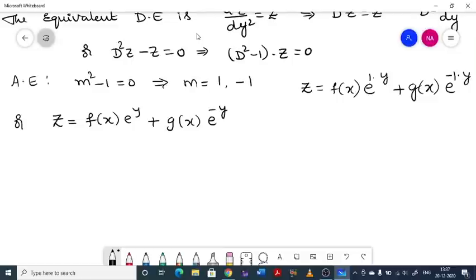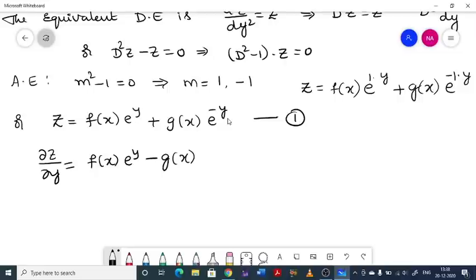So call this as equation 1 and let us differentiate this here only. Dou z by dou y equal to f of x into derivative of e power y. Derivative of e power y is e power y only, no change in that. Plus g of x into derivative of e power minus y, you get minus e power minus y. So minus g of x into e power minus y.